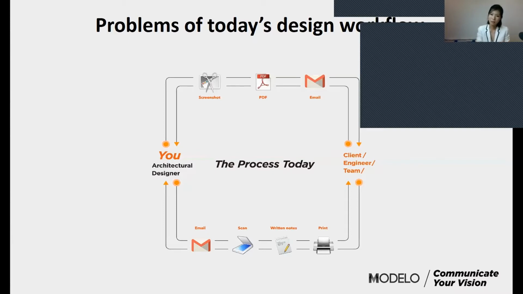If we really think about the process, from the moment when we stop designing to the moment of sending that email, there are so many steps and so many processes. We open up so many applications. It's a really, really long process. It takes a lot of time, and we're always waiting for feedback. The way we think about Modelo is we want to minimize that process. We want you to be able to get your information across very fast.